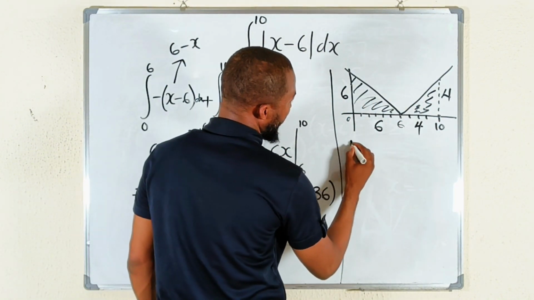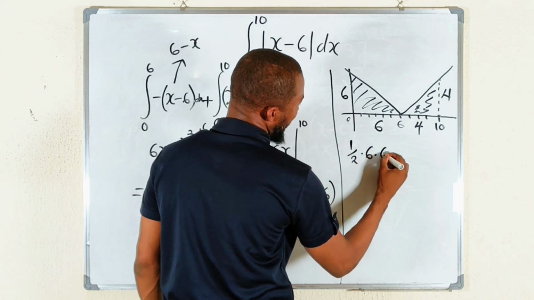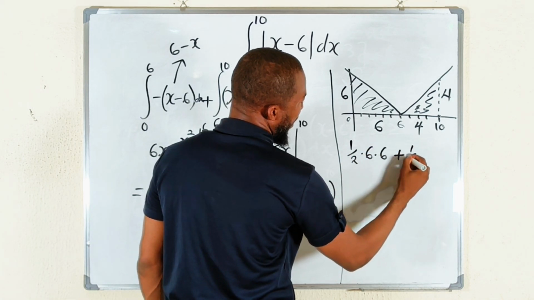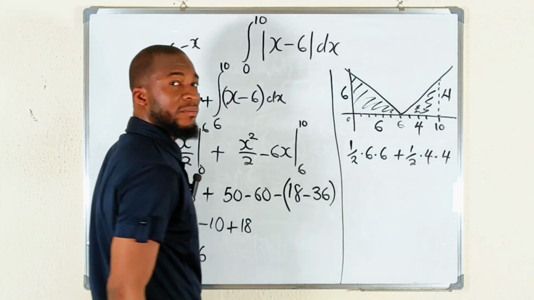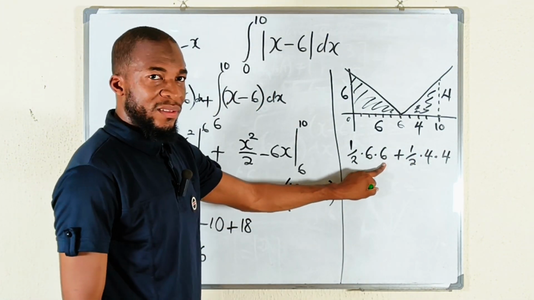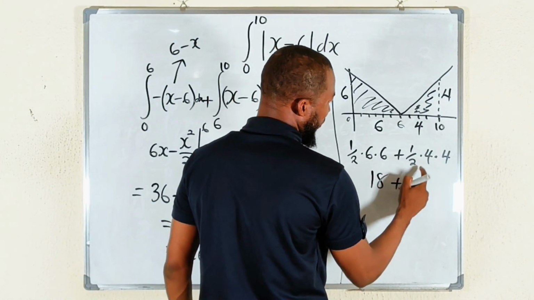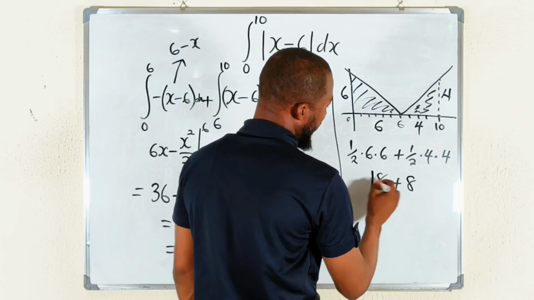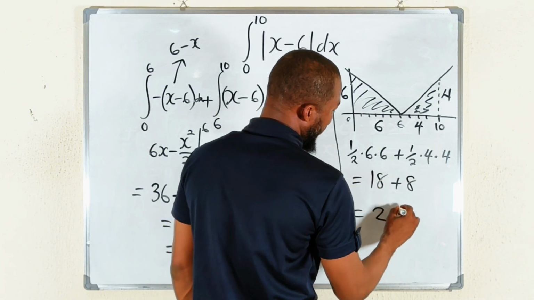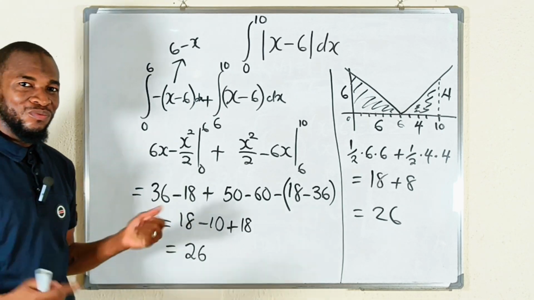The first one is half the base times the height, plus another half the base times the height. 6 times 6 is 36, and 36 divided by 2 is 18, plus 4 times 4 is 16, and 16 divided by 2 is 8. If you add this together, you have 26, exactly as the first method.